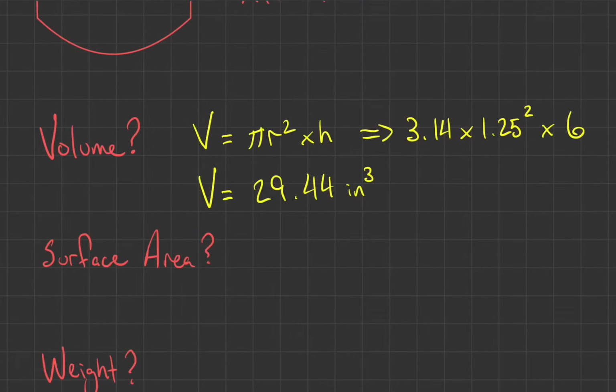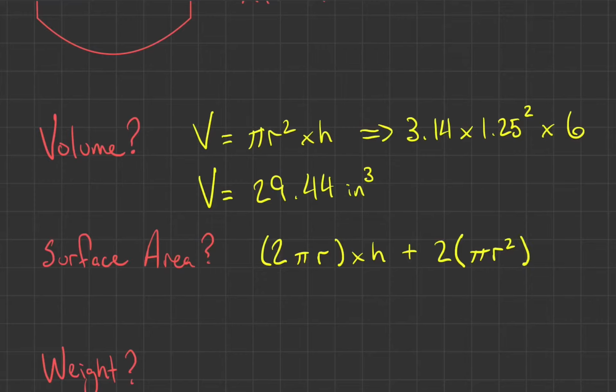Surface area of a cylinder, if you're looking at your formula sheet, is going to look like 2 pi r times h, and then you're going to add that with 2 multiplied by pi r squared. Okay, so that's going to be our surface area.